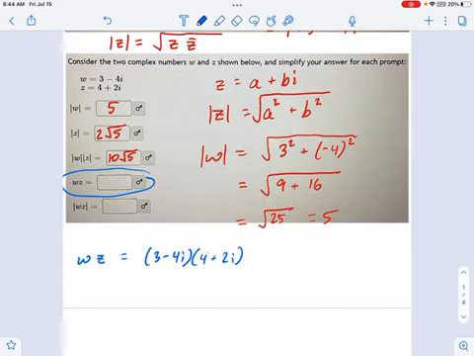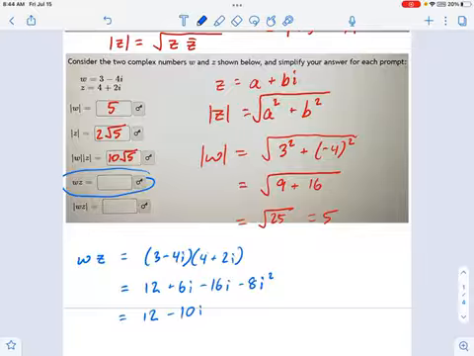You're just going to have to FOIL this out, but it's not that bad. 3 times 4 is 12. 3 times 2i is 6i, and then you have negative 16i from the cross term in the middle, and then negative 8i squared. I'm going to combine some like terms. Plus 6 minus 16 gives me a minus 10i in the middle, and then minus 8i squared is plus 8. So in the end, I get 20 minus 10i as the result here.